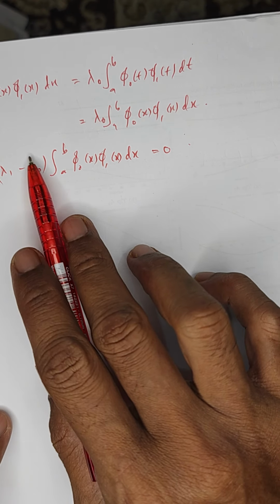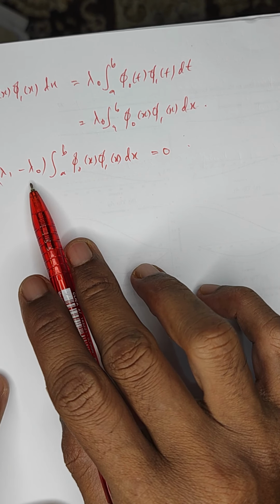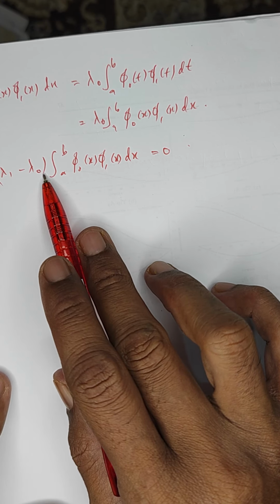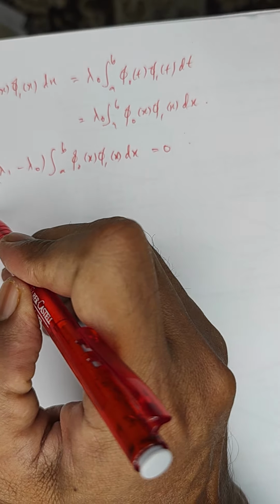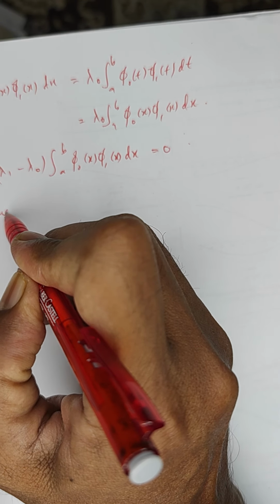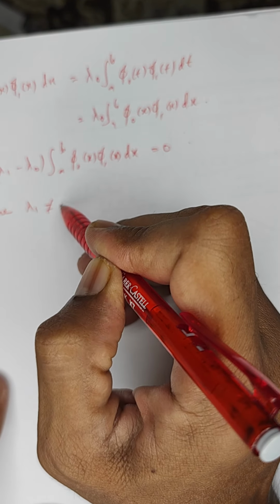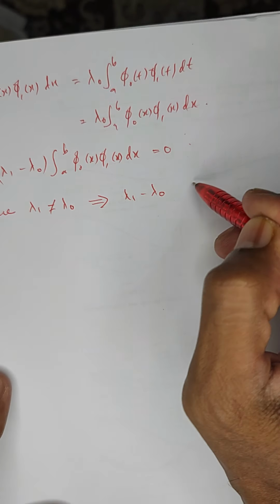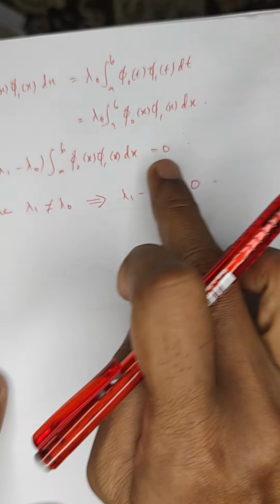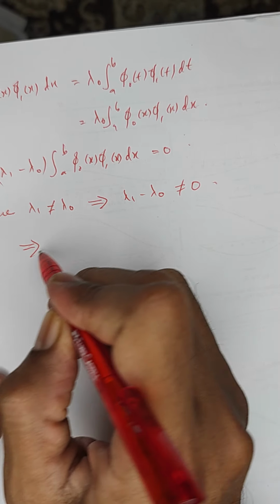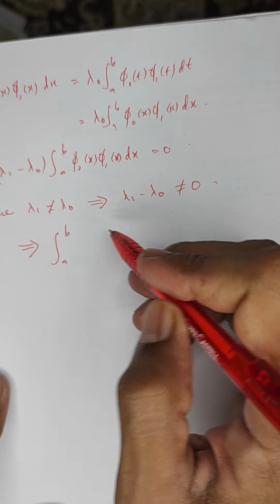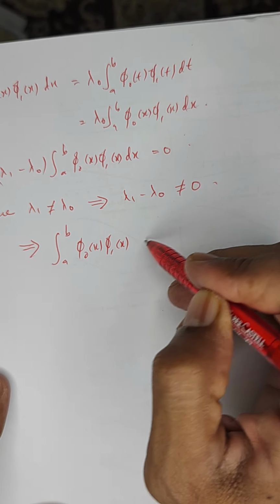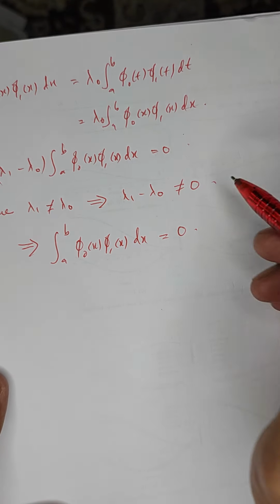And since these are two different eigenvalues, lambda 1 cannot equal lambda naught, which means lambda 1 minus lambda naught is different than 0. So to have that 0, we must have the integral from a to b of phi naught x phi 1 x dx equal to 0.